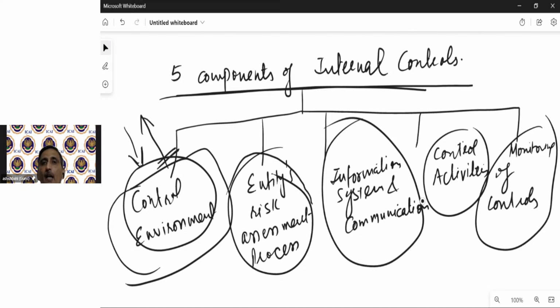Or say a new model of business has come, as a result of which the company is not able to survive. Like say these online delivery platforms have come. Earlier these were not there, say 10 years before. So this is a different type of business model.